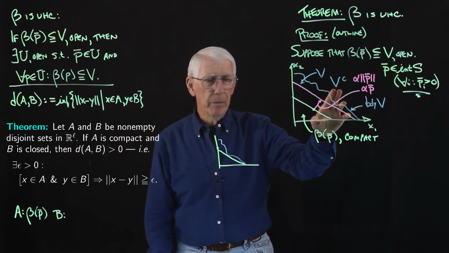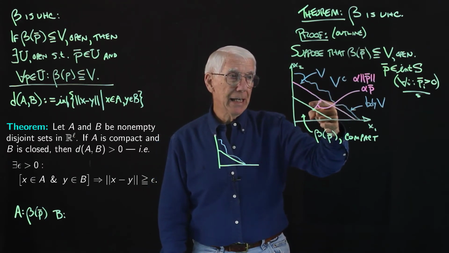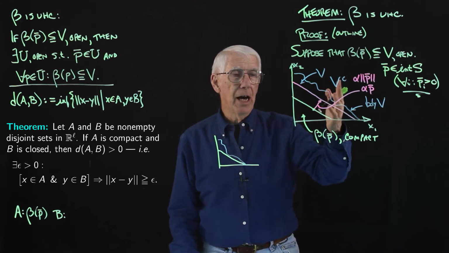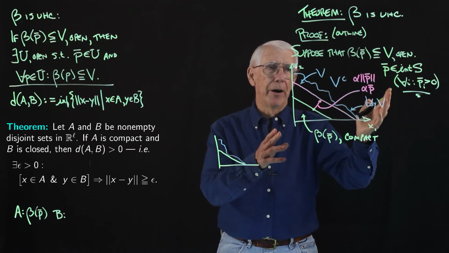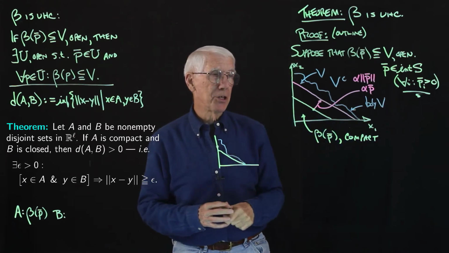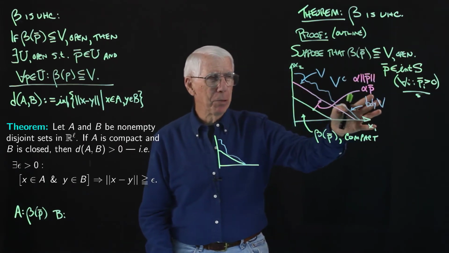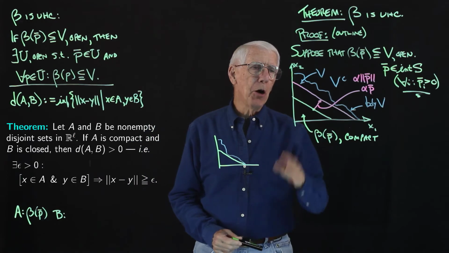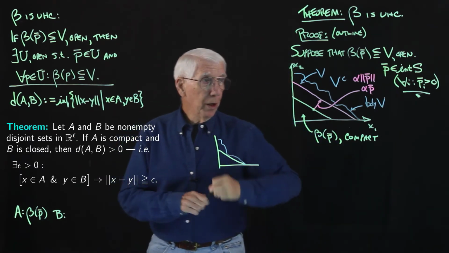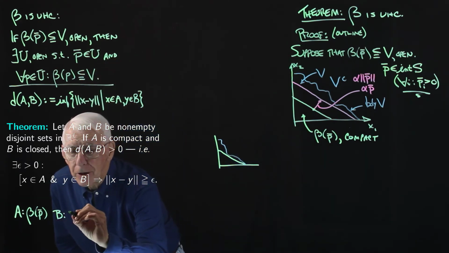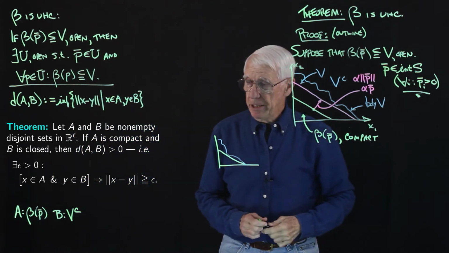So the V complement is closed because V is an open set. We could say V complement is non-empty, I guess, because if V were all of RL plus, the proof would be done. So we'll assume that the set V here is not all of RL plus, or the interior of RL plus. So what plays the role of B in our theorem is the closed non-empty set V complement.